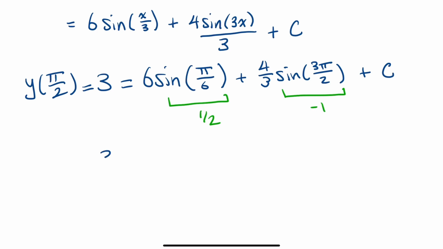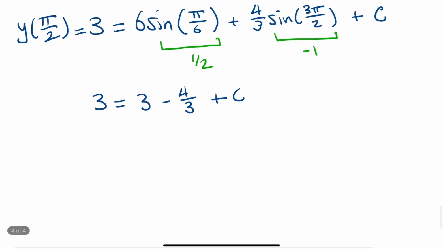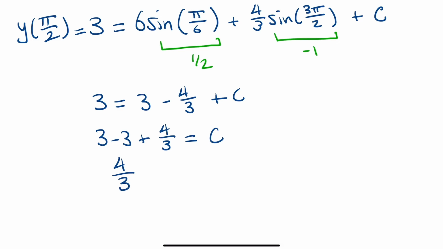And so we can simplify this to 3 equals 6 times a half, which is just 3. And then this will become minus 4 over 3 plus c. Now solving for c, we're going to get 3 minus 3 plus 4 over 3 is equal to c, and so c is equal to 4 over 3.